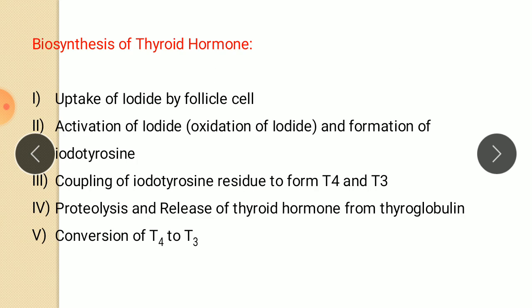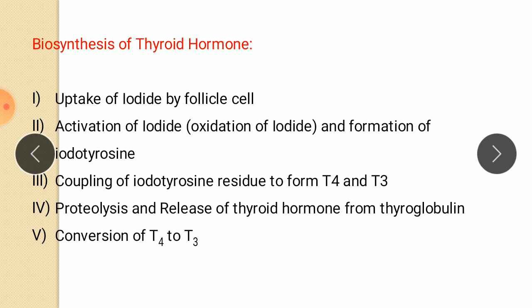Now the next point is biosynthesis of thyroid hormones, that is T3 and T4. T3 and T4 are formed in thyroglobulin. The major component of the thyroid gland, that is thyroglobulin, is an iodinated glycoprotein.